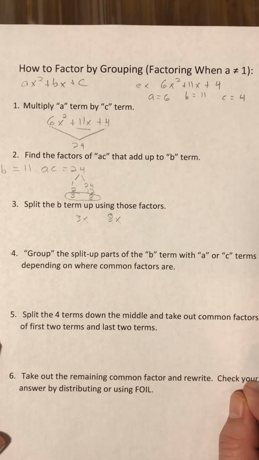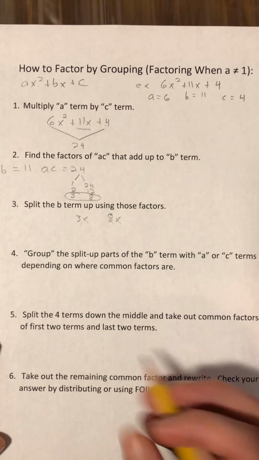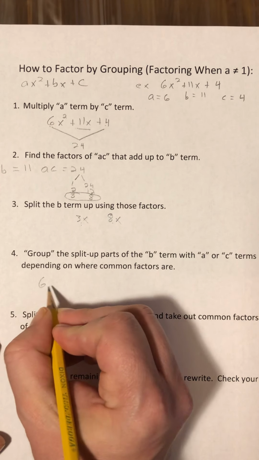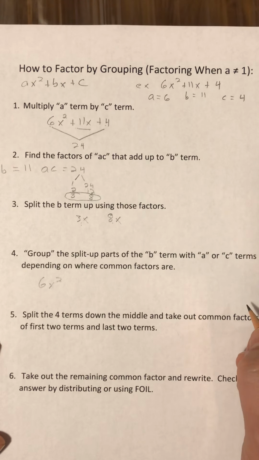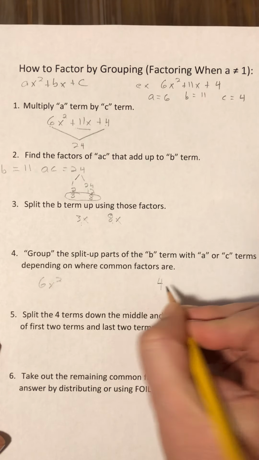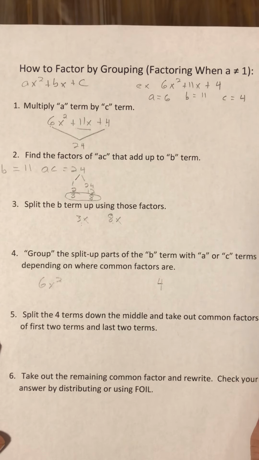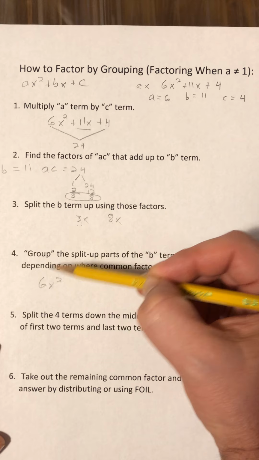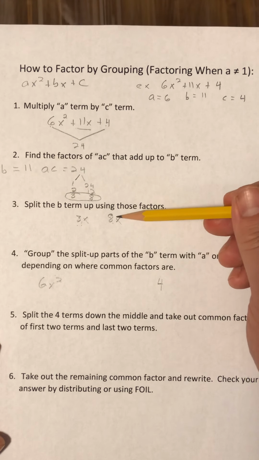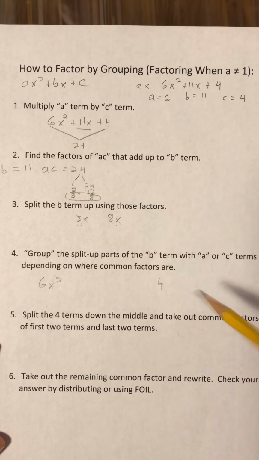So we want to group those parts of the b term with a or c depending on where the common factors are. So let's look at our a term again. Our a term was 6, and then we had the x squared, and our c term was 4. If I look to see where I might have common factors, 3 and 6 have a common factor of 3. 8 and 4 have a common factor of 4.